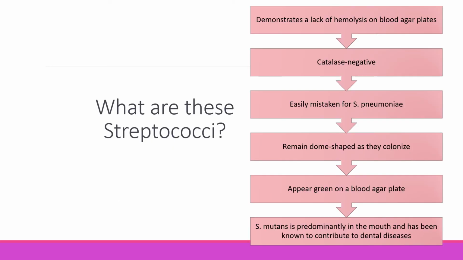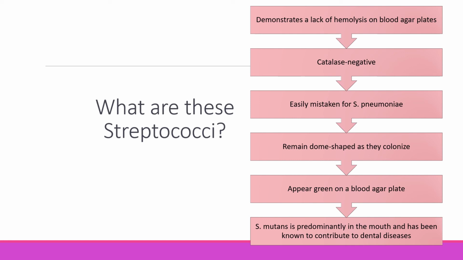Can you name these streptococci? They are also referred to as gamma hemolytic, and they demonstrate a lack of hemolysis on blood agar plates, and so they're going to appear green on the plate. They also have a donut-like appearance, and their colonies can appear dome-shaped.